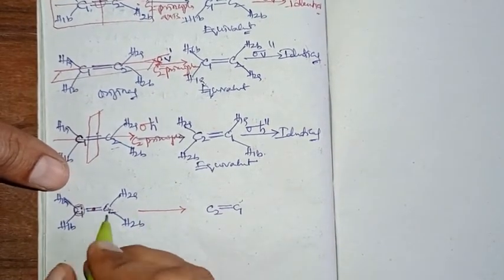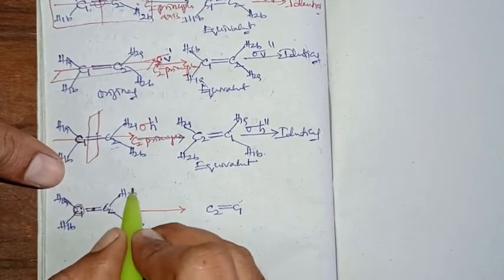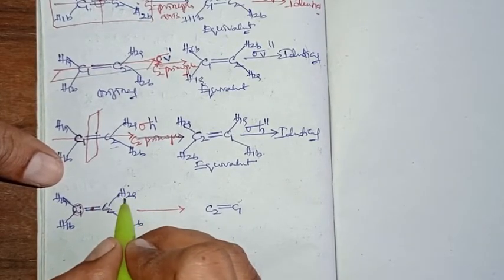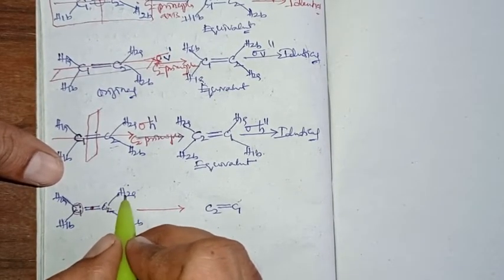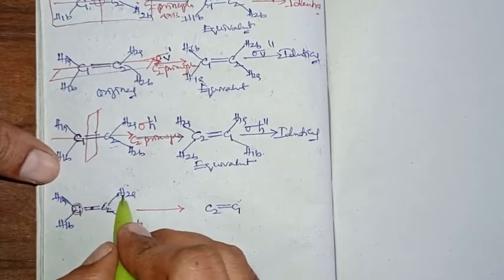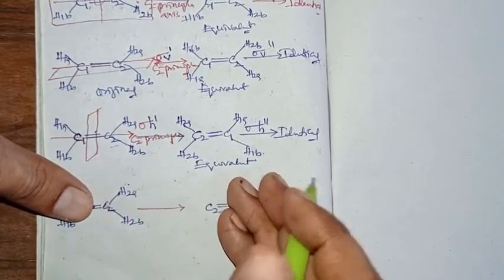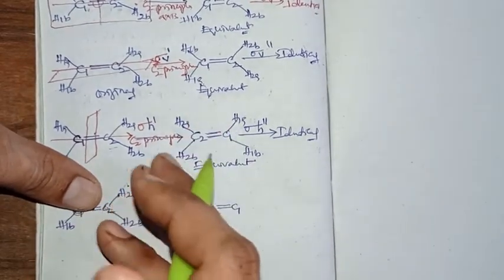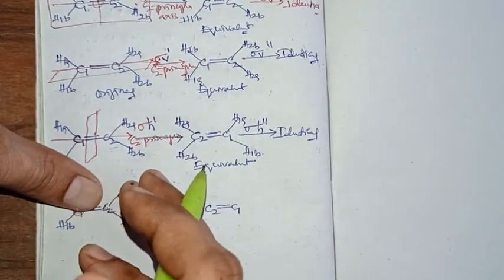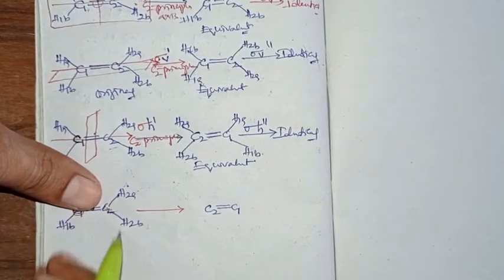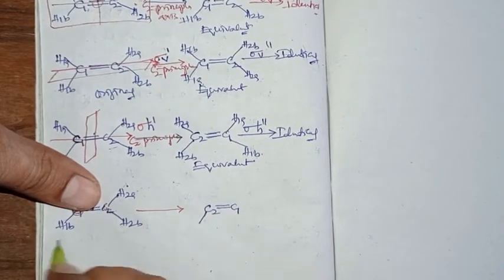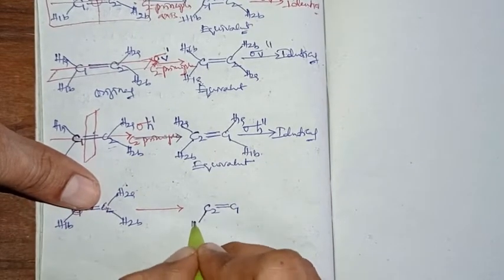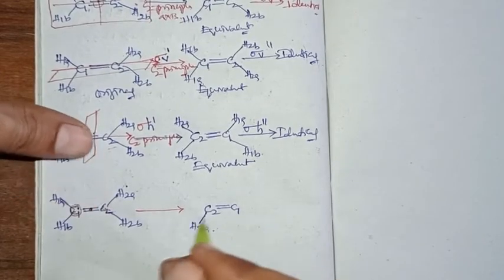That is how. And when we go with hydrogen 2A, when we invert its position, it is on the right side in top. When its position is inverted, it will go to the left side in down, so it reaches the H1B position, right?